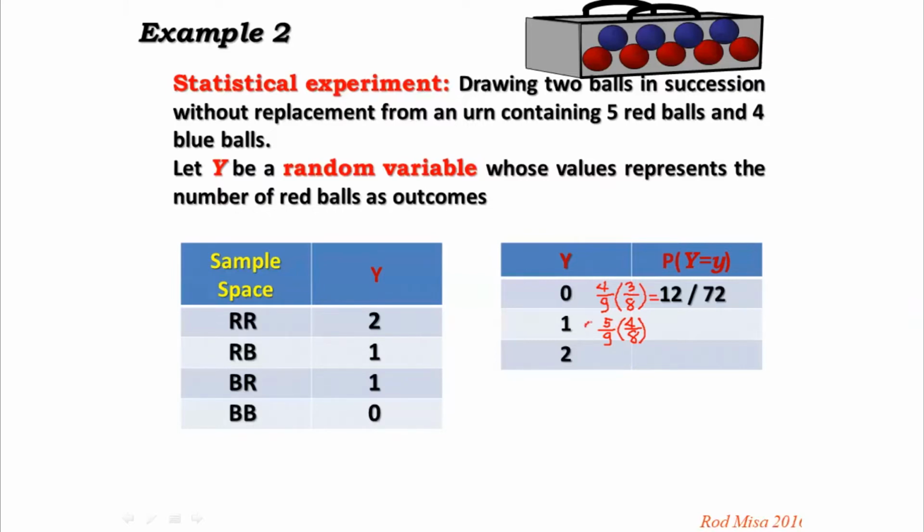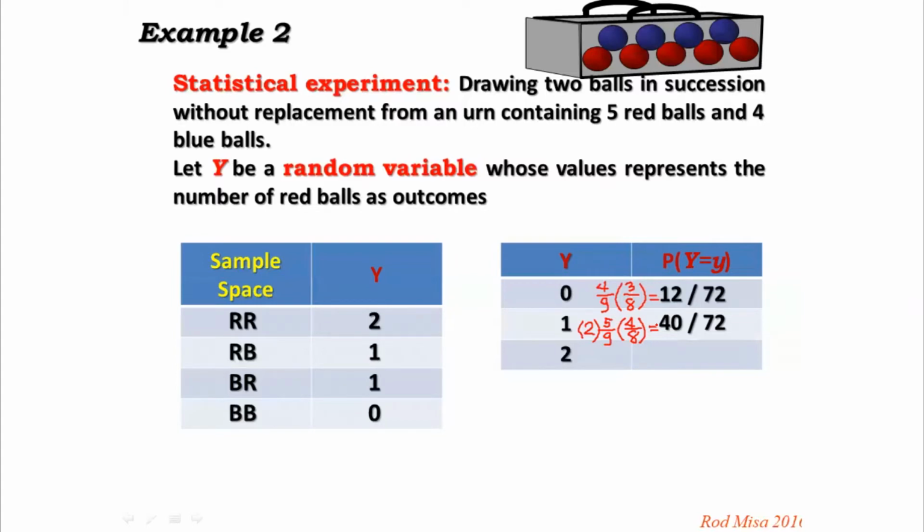So that is why we multiply it by 2. This can be obtained by drawing a red ball in the first draw or drawing exactly one red ball during the second draw. So multiplying these numbers, we have the probability of 40 over 72. This is the probability of obtaining exactly one red ball.